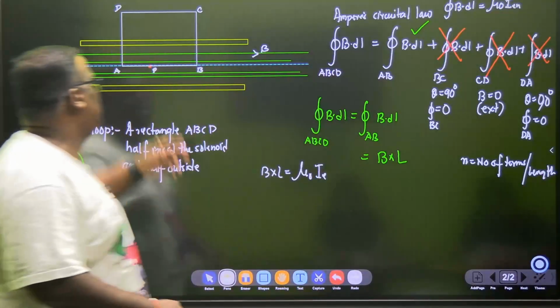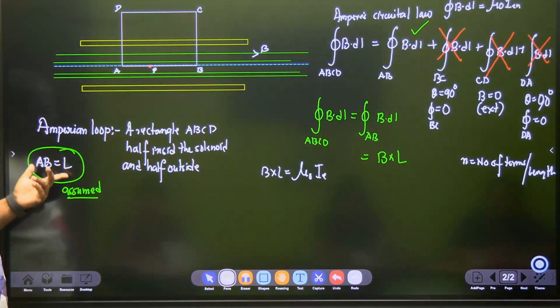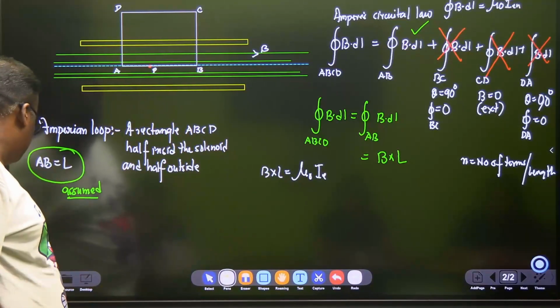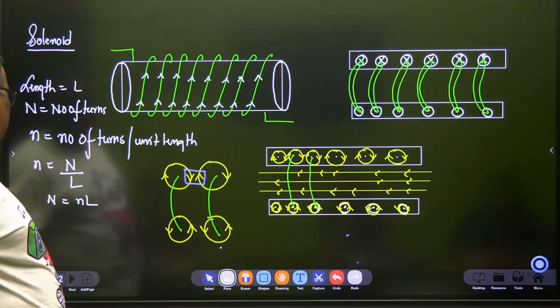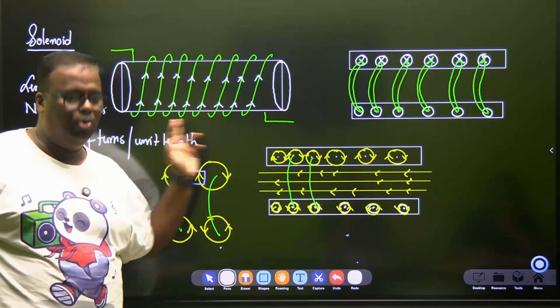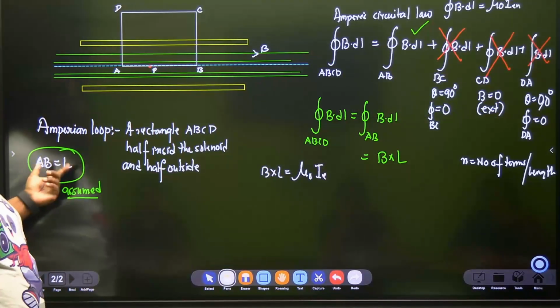And now my chosen length is L. If you are confused between the two L, you can take this as H also.